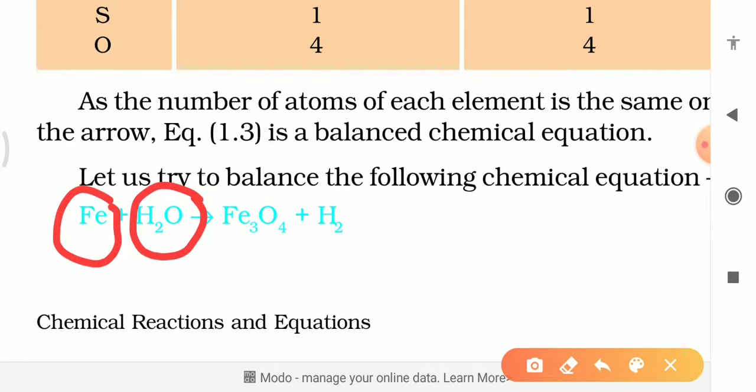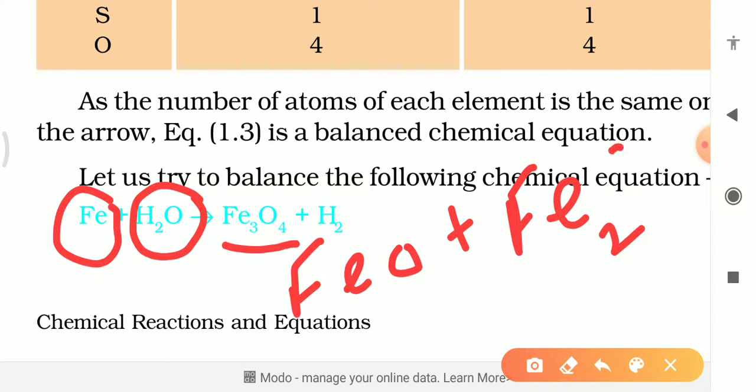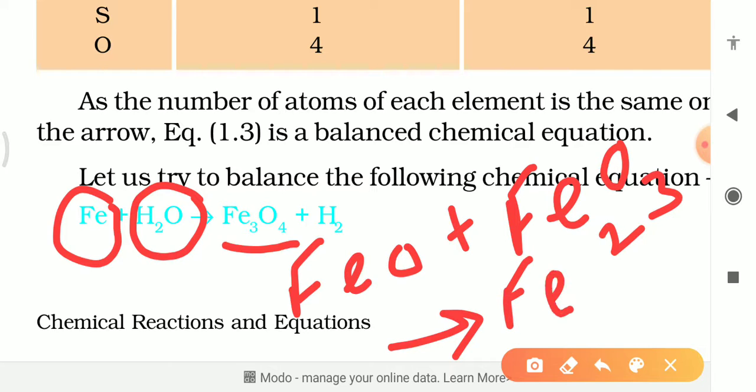When we combine ferrous oxide FeO plus Fe2O3, it gives Fe3O4. Oxygen is 1 here, oxygen 3 here, then oxygen is 4. The chemical name of this one is ferrous ferric oxide.